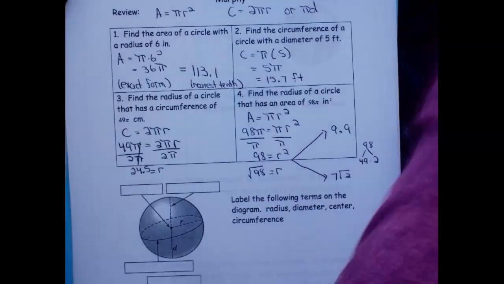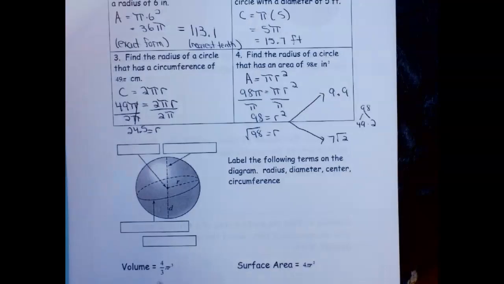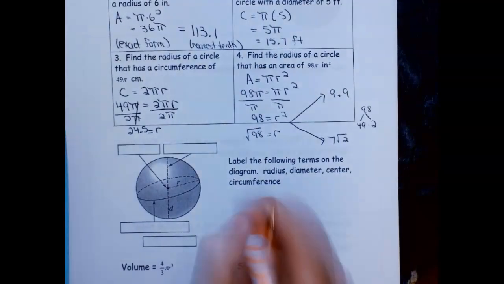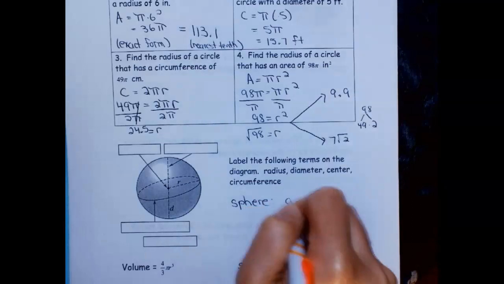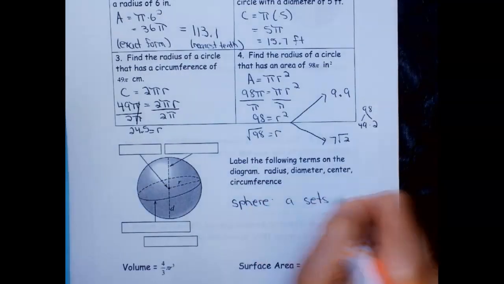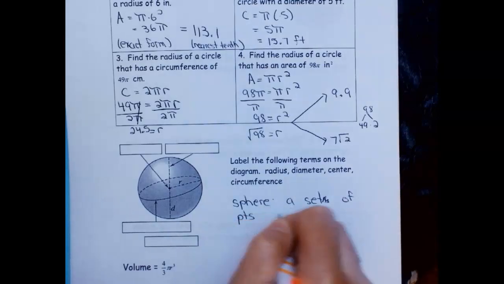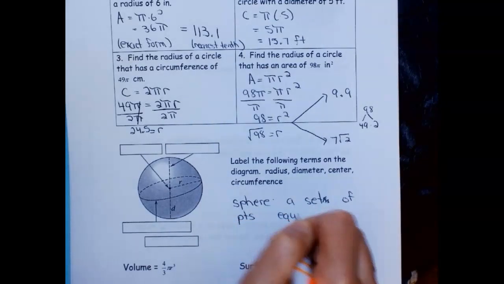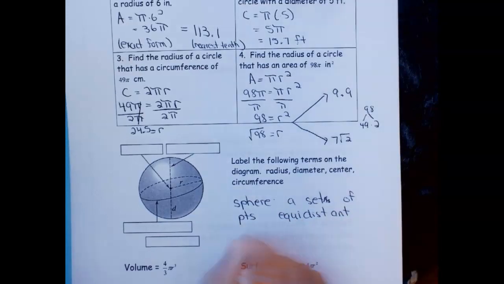So all of that is in 2 dimensions, but as we said, this unit we're working in 3 dimensions. So now we're moving on to a sphere. A sphere is defined as a set of points equidistant from the center.